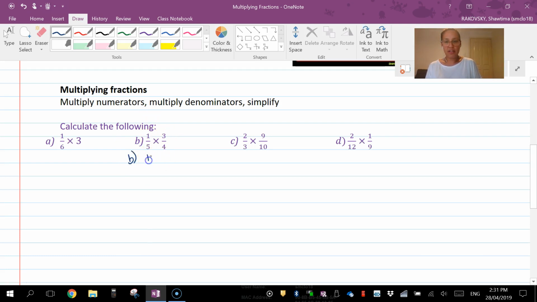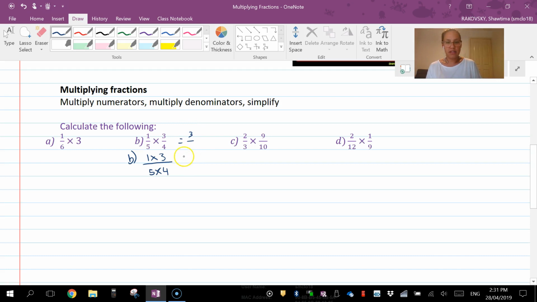I'm going to write that as 1 multiplied by 3, and the denominators 5 times 4. Now you don't need to do this part, it's just so you can see where I'm going with it, and eventually you might go straight away to 1 times 3 equals 3 over 20.